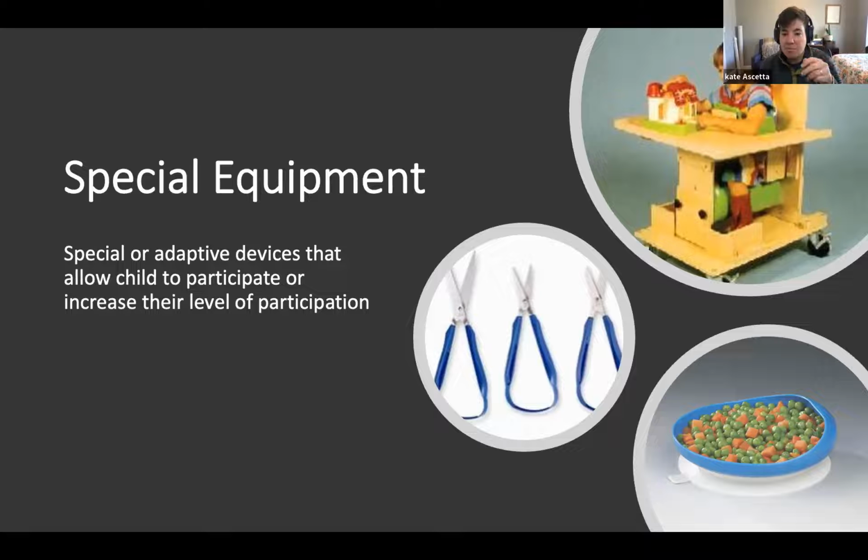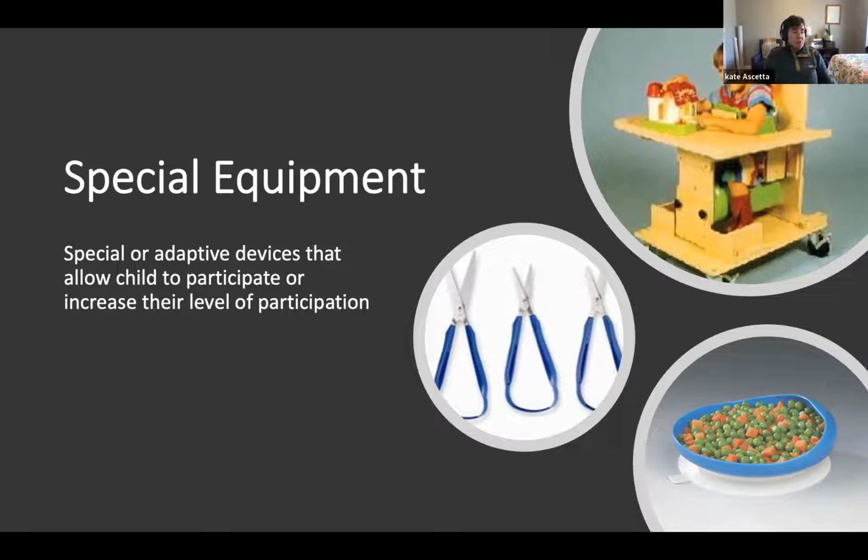Carrie and I can provide some resources about where you might access those, particularly if your program does not have an adaptive equipment specialist or provider regularly. There are ways to make sure that children get the adaptive equipment they need in order to be more independent and increase their level of participation.